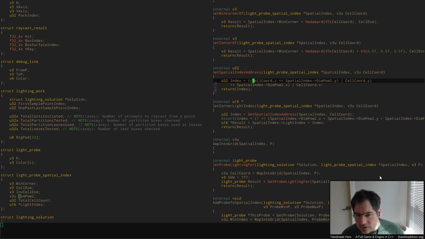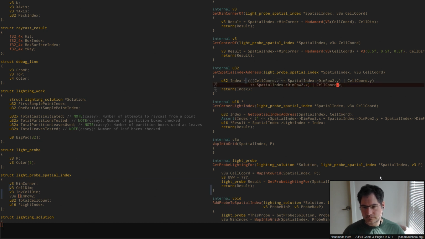So here you can see, I take the Z coordinate, I shift that up by Y, I orient the Y component, I shift that up by X, I orient the X component. That way it reduces the shifting. I only have to shift up once for each thing I merge in, and that could be possibly a little bit more fun. Who knows, right?